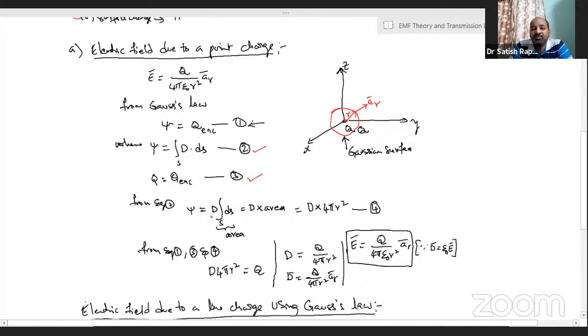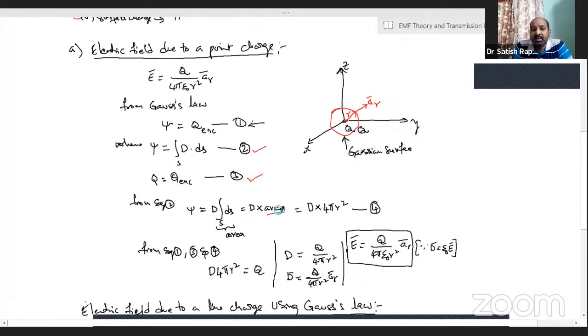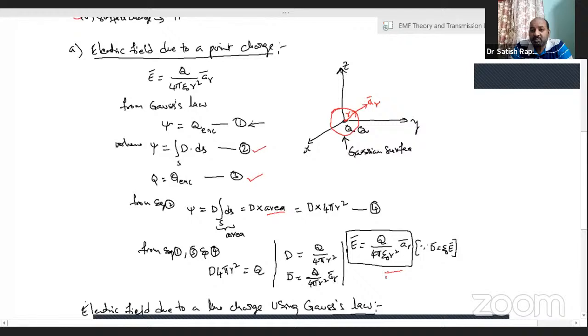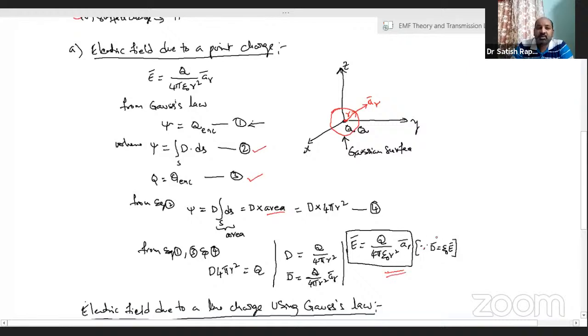Therefore, if the field is uniform, then D can be taken outside the integration, and we have D into the area, the area of the Gaussian sphere, 4 pi r square. And from equation 1, psi is equal to Q. Equating those two and simplifying, you will get this equation. This is nothing but the electric field due to a point charge.